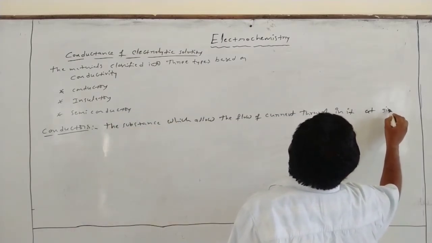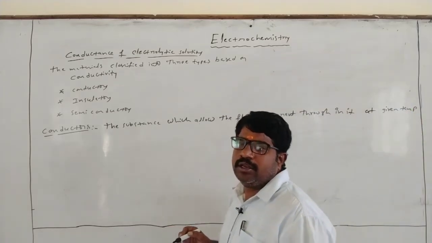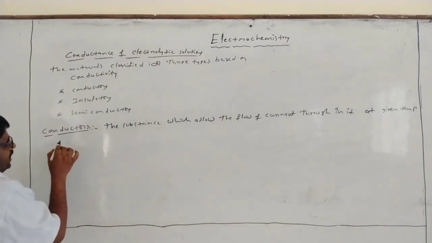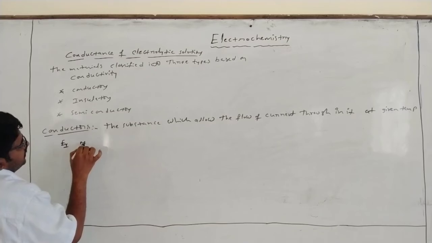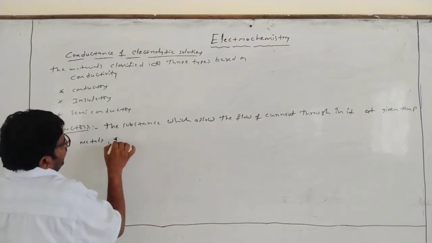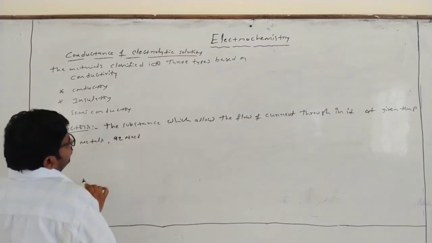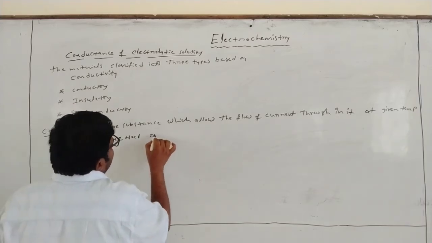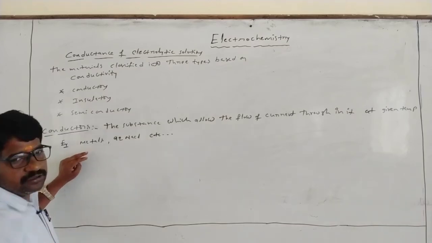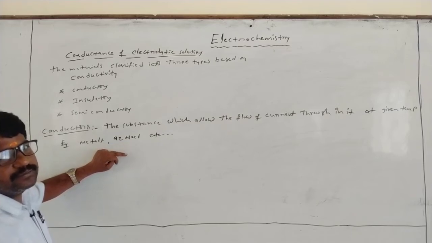Examples: metals and aqueous NaCl, etc. Metals are good conductors, and aqueous NaCl is also a good conductor.